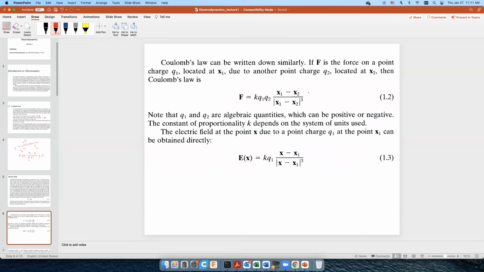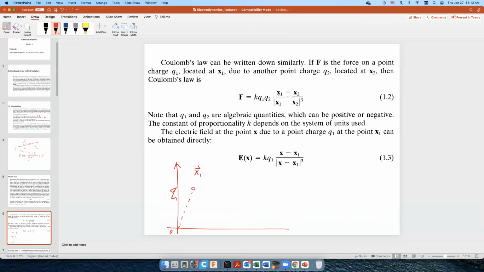And then x1 subtracted by x2. x1 describes the position of the first charge. If we write the first charge to be Q1 in a coordinate system, let's say this is the origin, we can say the position of the first charge is x1, a vector.